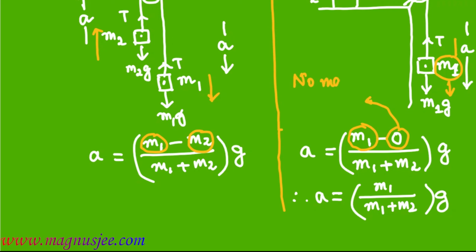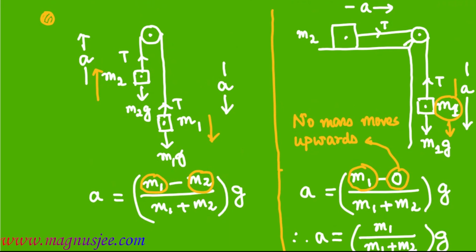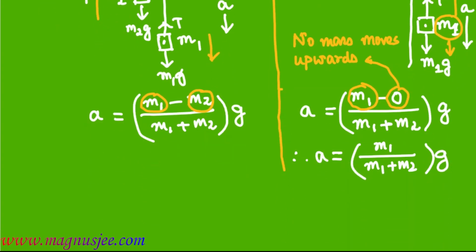The body of mass M2 is moving in horizontal direction. That's why we have to write M1 minus 0, not M1 minus M2. Here M2 is moving towards right in horizontal direction with the common acceleration a.